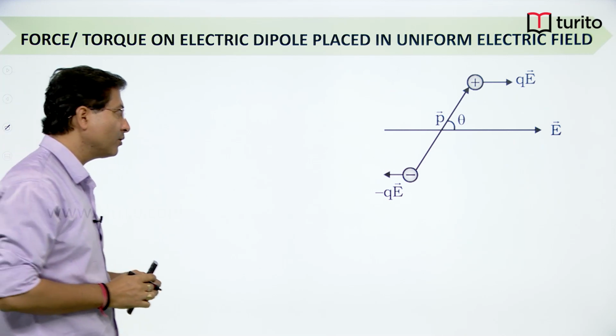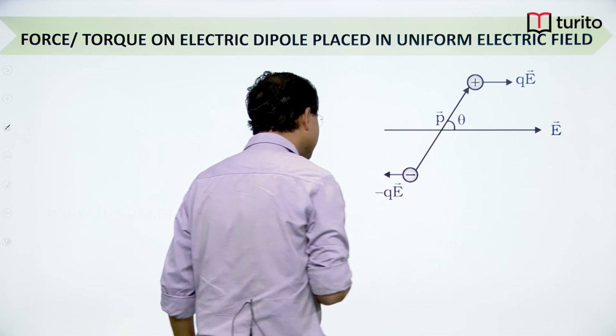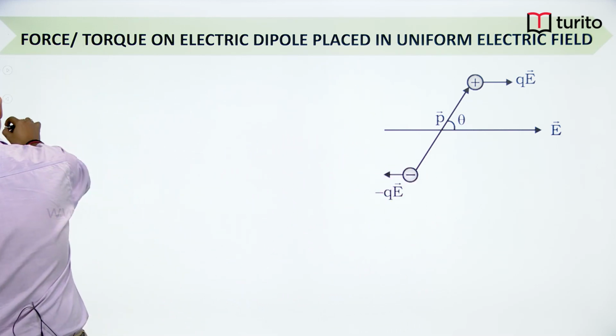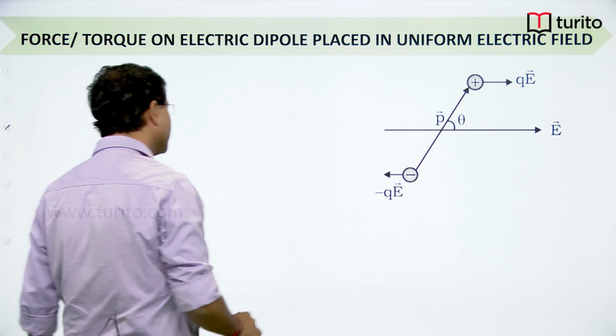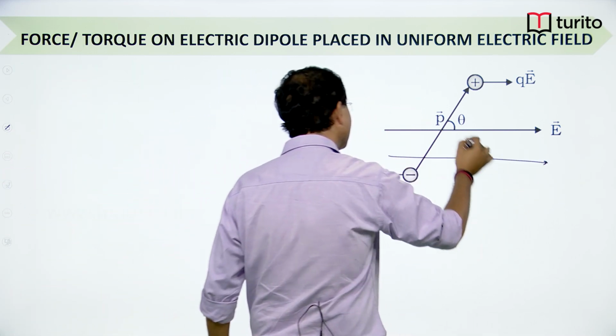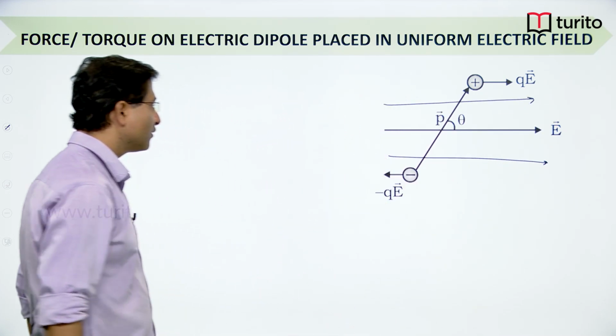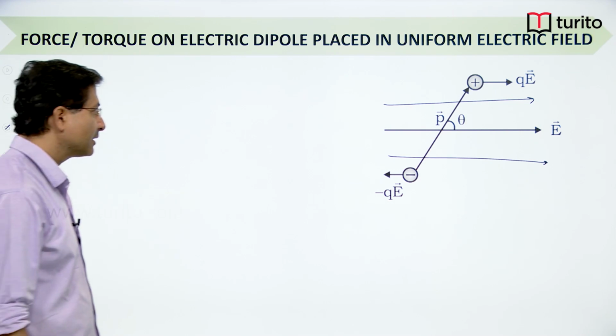If I place the dipole in a uniform field, like the one given in the situation, right. So the field is uniform. This is the example of a uniform field, and the field is there everywhere.